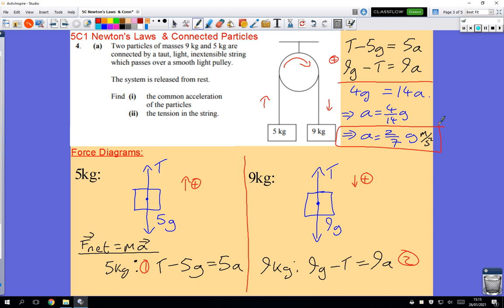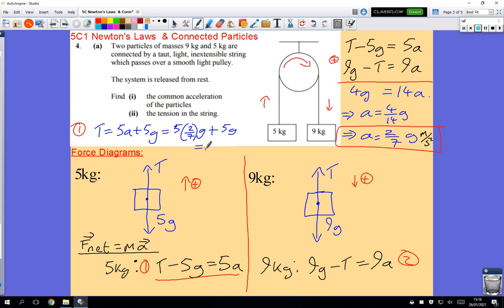The tension, well, to find the tension, I take either of these equations. If I look at equation 1, which is this equation here, and make the tension the subject of that formula, T is going to equal 5a plus 5g. And we know what a is. a is 2/7 g. So I get 5 times 2/7 g plus 5g.